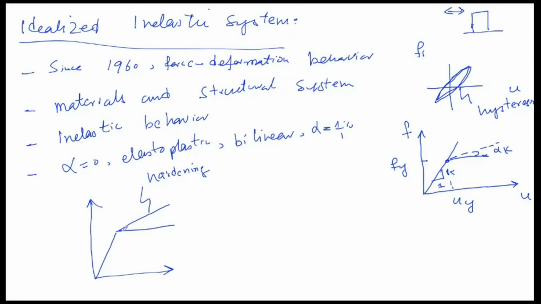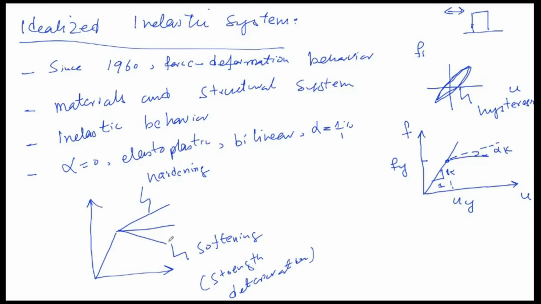Sometimes the behavior can be like this, when there is a softening behavior. Softening behavior normally happens in existing structures where there is a strength deterioration, so it mainly happens in strength-deteriorating structures.